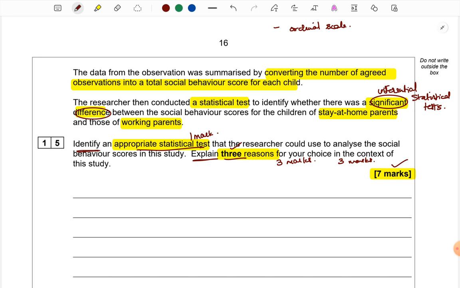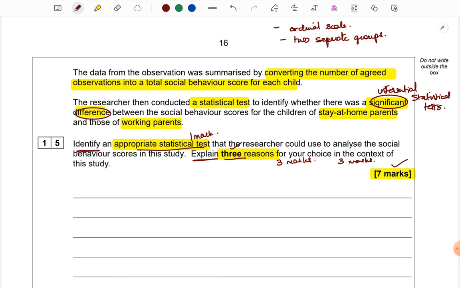Besides that, we know there are two separate groups, or we can technically say an independent groups design has been used. So that is one more reason for doing the Mann-Whitney U test, and of course to relate it to the scenario, I have to name the groups which are there in the scenario. That justifies independent measures design.